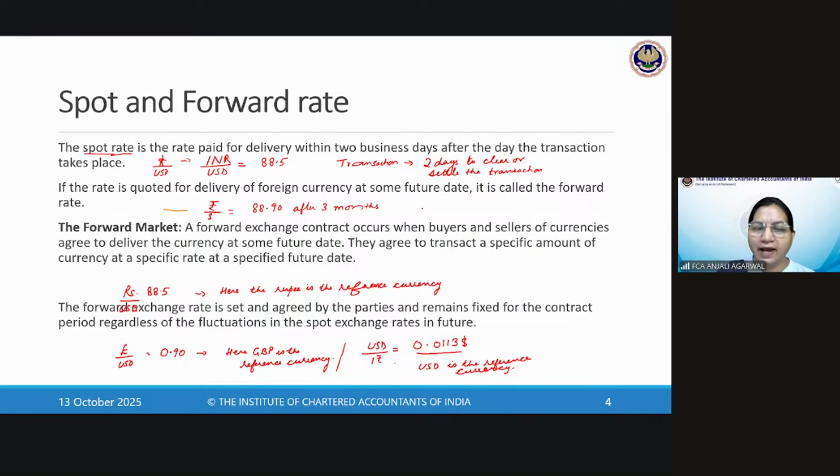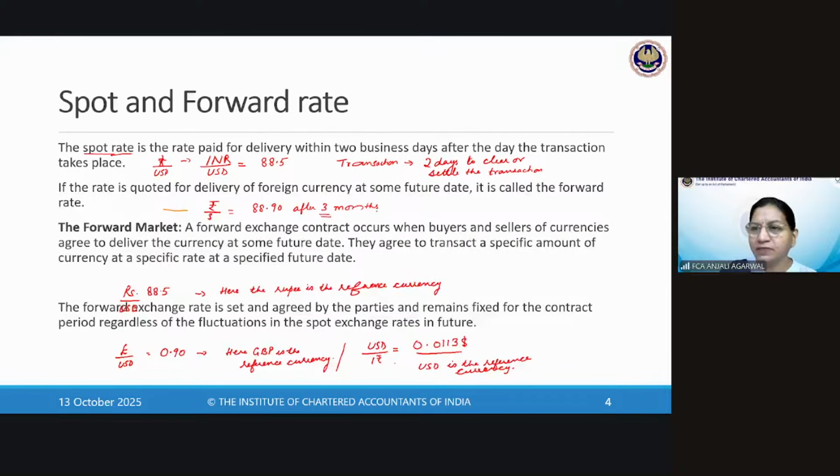Now, when we talk about the forward rate, it is important to understand that firstly, the time is confirmed. It has to be after some specified date. So if it is 3 months, it will be after 3 months. If it is 2 months, 60 days, 90 days, 180 days, that period is specified for the future date.